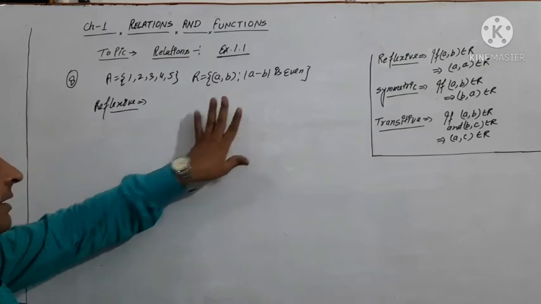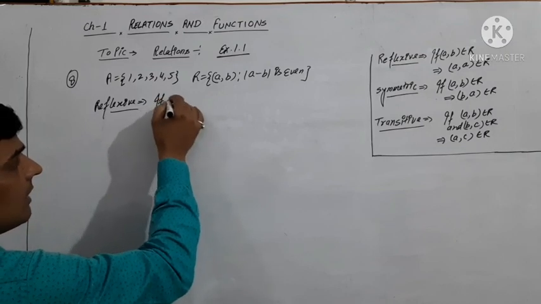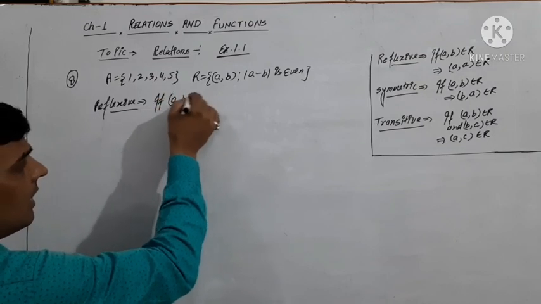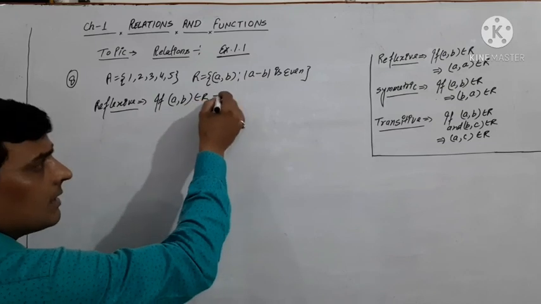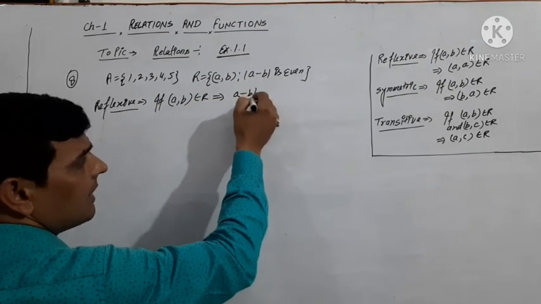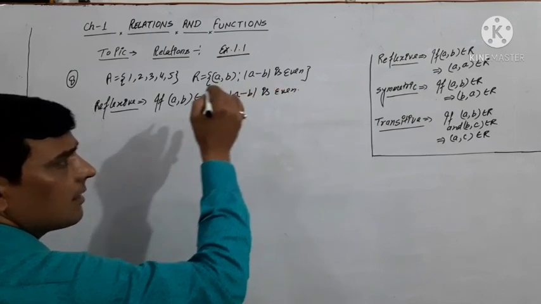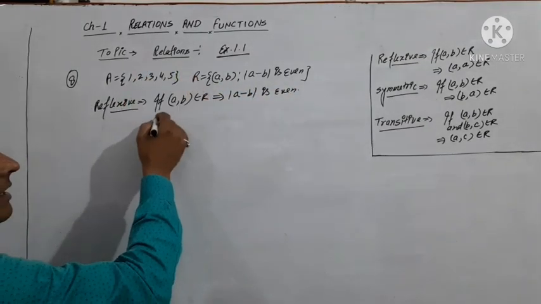Reflexive relation. What is the condition of reflexive relation? If (a, b) belongs to R, this implies that the condition is that modulus of a minus b is even. Clear? Now we are checking the condition.